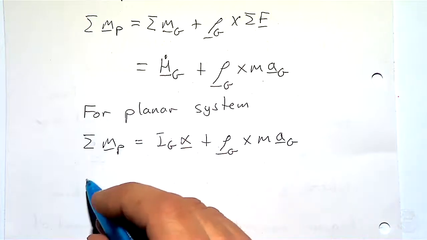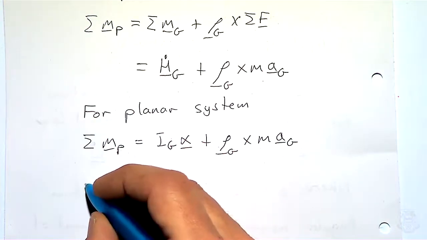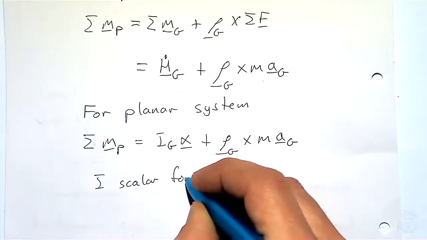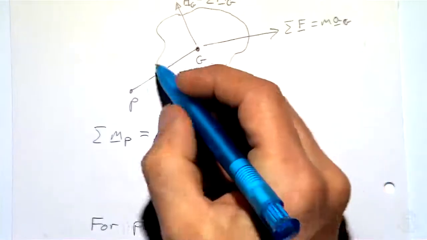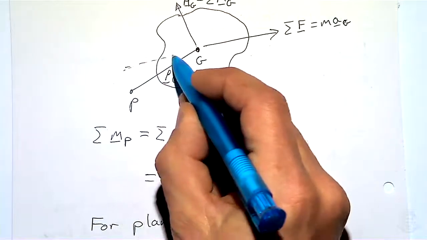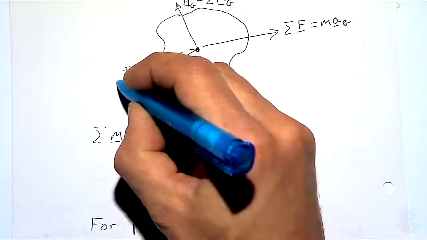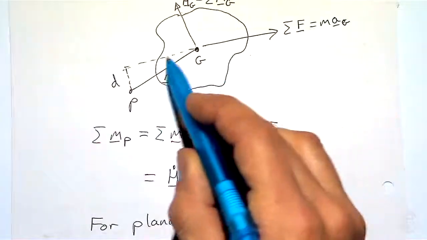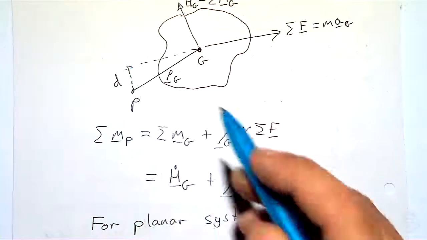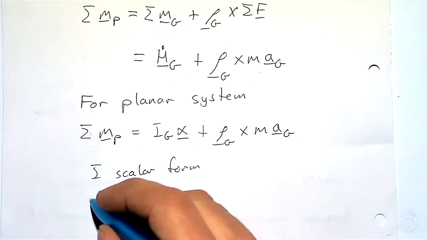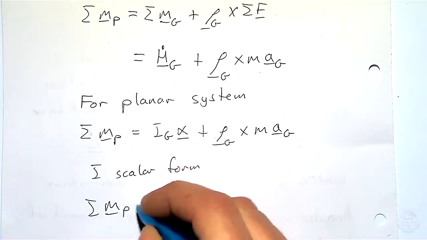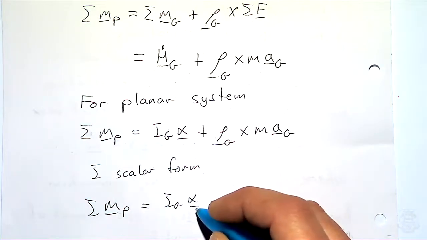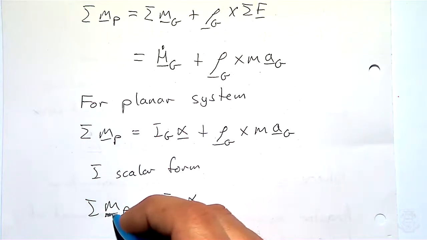And if we reduce this down to just scalars, so if on our diagram we draw the distance here, and we've got the forces acting through this line here and a distance d, then the simplest way to write this is that the sum of Mp is equal to Ig alpha. Sorry, these aren't vectors now.